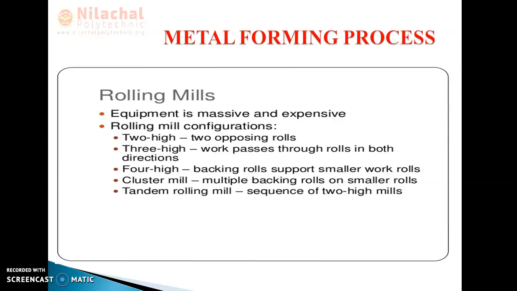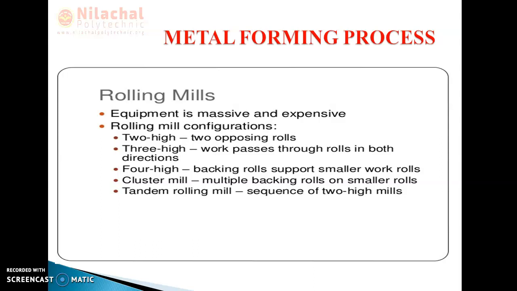Rolling mills means equipment that is massive and expensive. In the rolling mill configuration, these are classified as 2 high roll mill, 3 high roll mill, 4 high roll mill, cluster mill, tandem rolling mill.